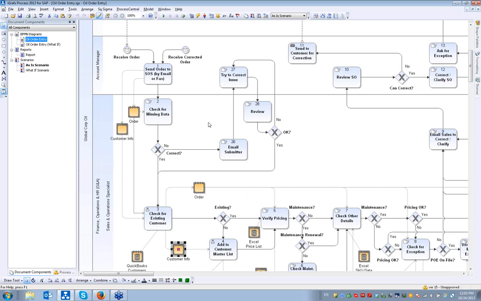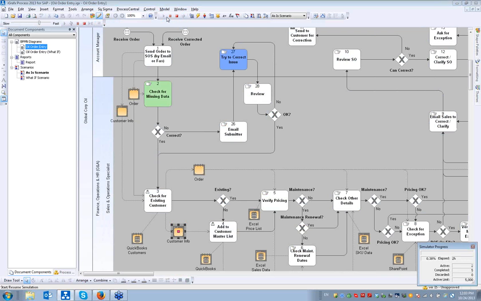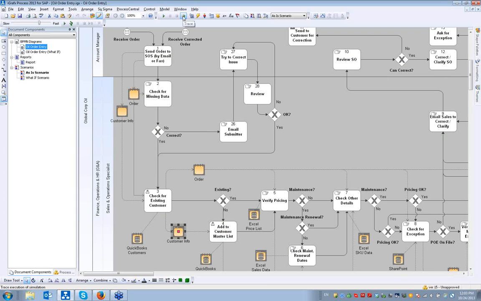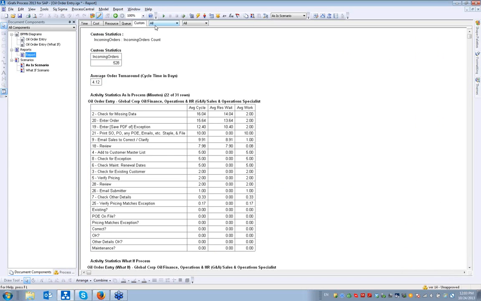So with this knowledge, I'm actually able to build a simulation model of this particular process. With a simulation model, I can perform what-if analysis and experiments on it. And when I simulate it, the simulation produces results.